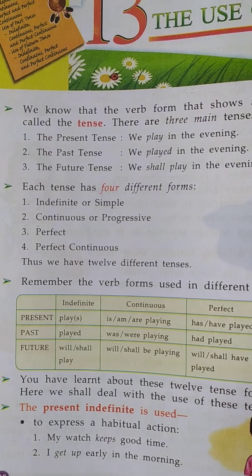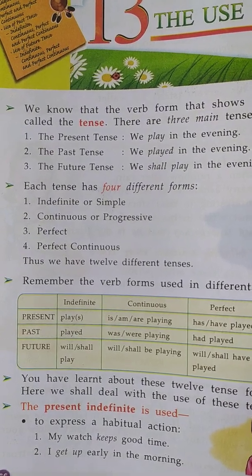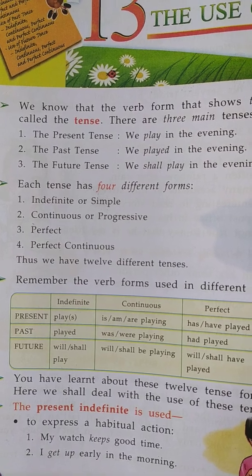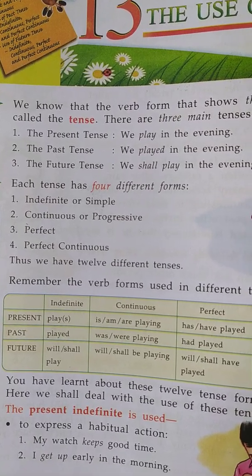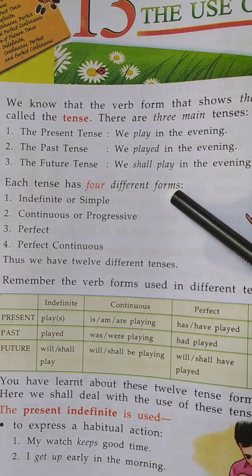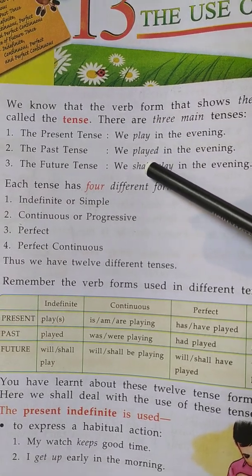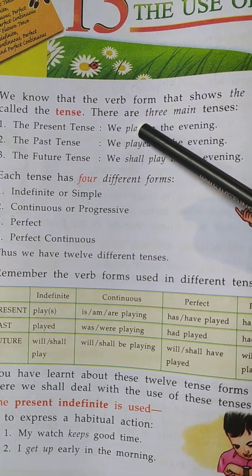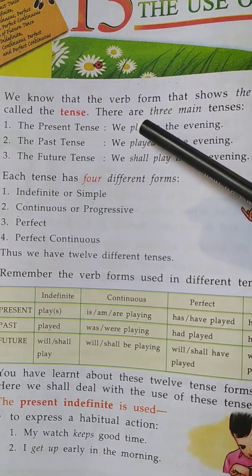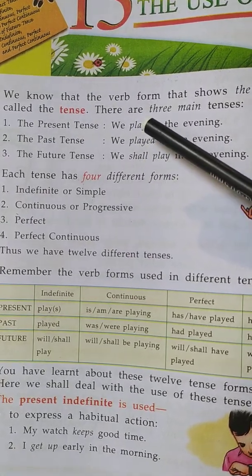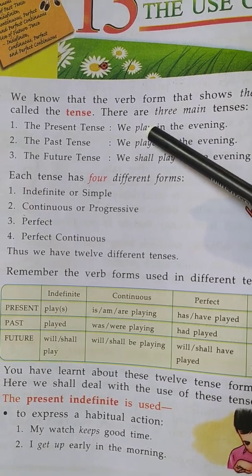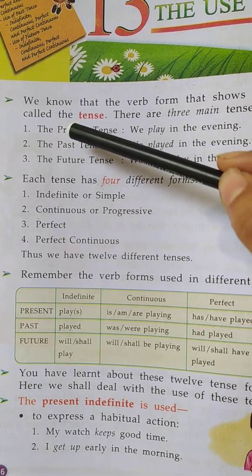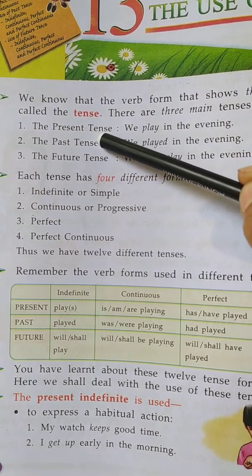So, how can we recognize the tense? And the answer is by seeing the verb form we can recognize the tense. See again, number one, the present tense.